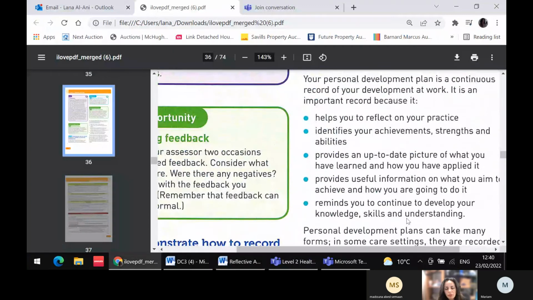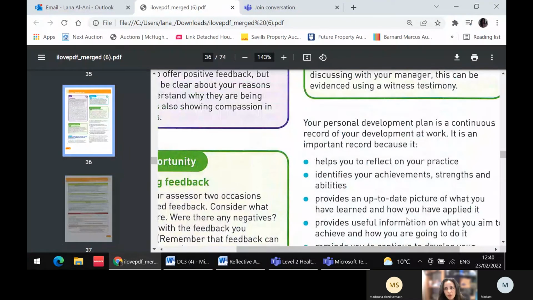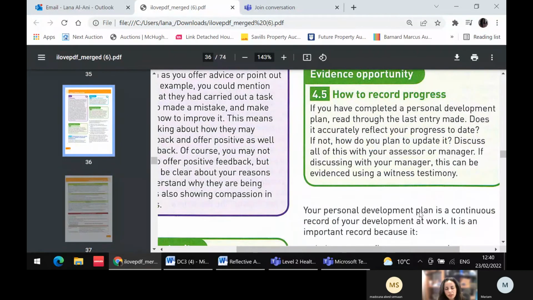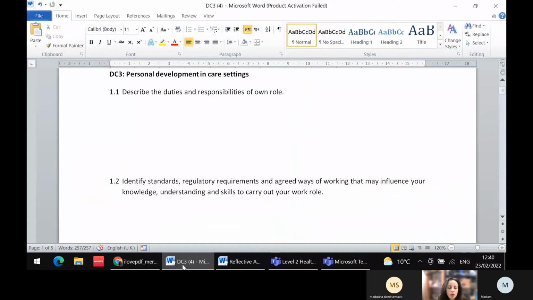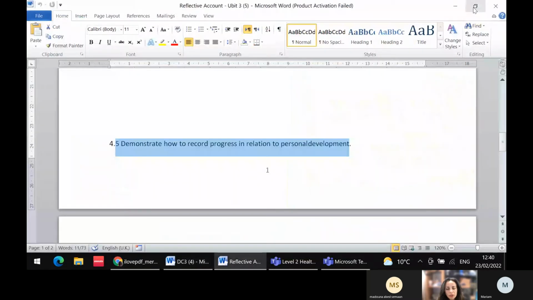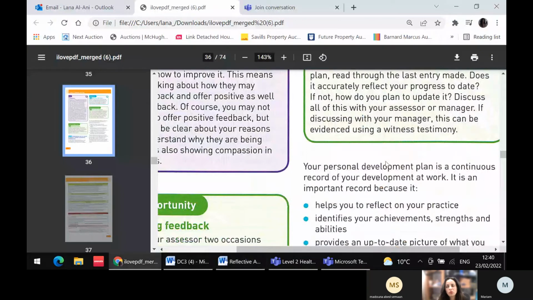Just say, after I fill my personal development plan, or as someone who works in care, every year I have an appraisal with my manager, and I have this personal development plan. We agree on the goals which we need to achieve, training activities which we need to do in certain times, and we also put timelines for them.